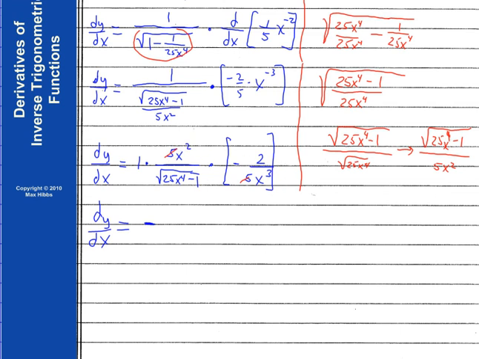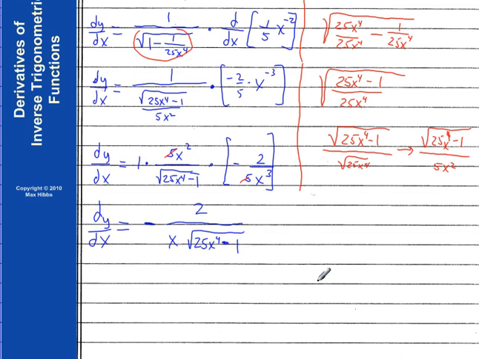So what we're going to be left with is a fraction, and it's negative, where in the numerator the only thing that's left is a 2. And in the denominator we're going to have this radical, and we're only going to have x to the first power left. So this is going to end up as x times the square root of 25x to the fourth minus 1.